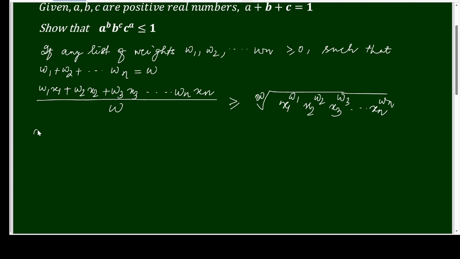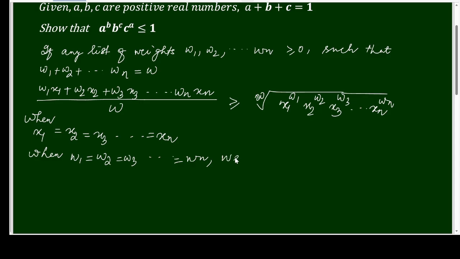Now when x1, x2, x3 are all equal to each other, and when weight 1 equals weight 2 equals weight 3 equals weight n, that time the weighted mean reduces to the AM-GM inequality.